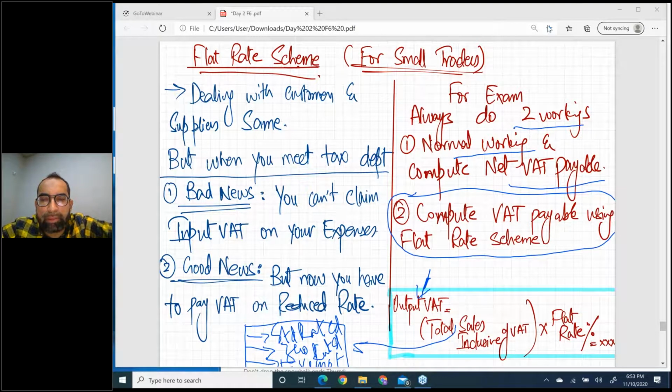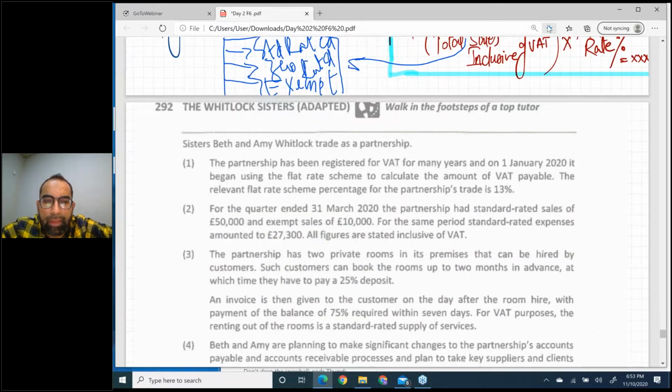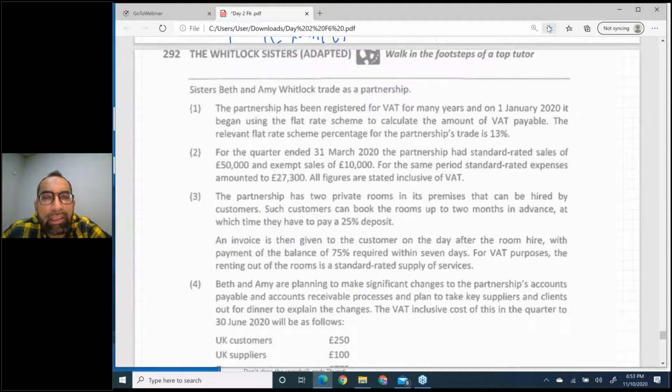Please be with me. The name of the question is Whitelock Sisters, basically a past paper. Sisters Beth and Amy Whitlock trade as a partnership.